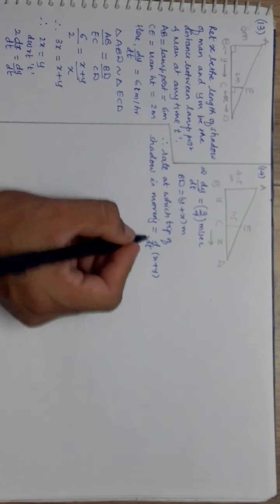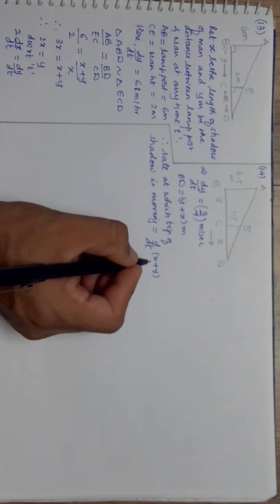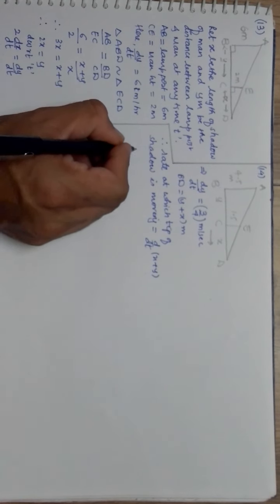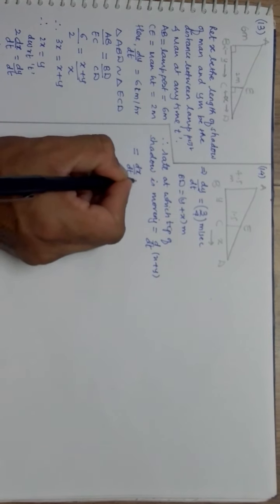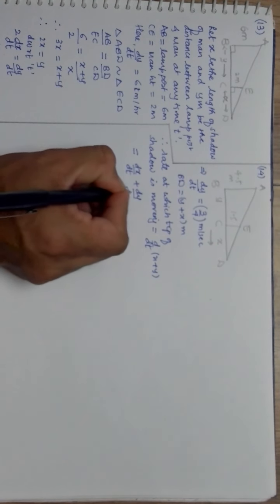Obviously I am writing it on this side to save space. So I get here dx by dt plus dy by dt.